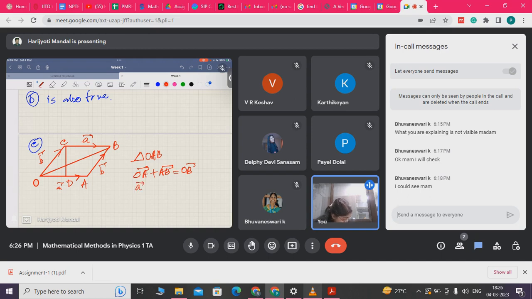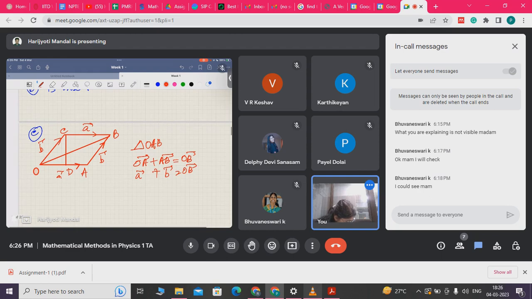So we have given name OA A, so A plus AB, AB is B, sorry, is equal to OB.